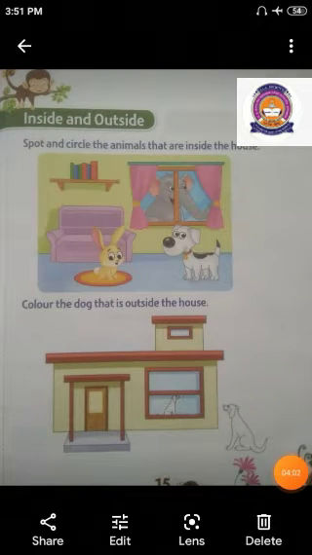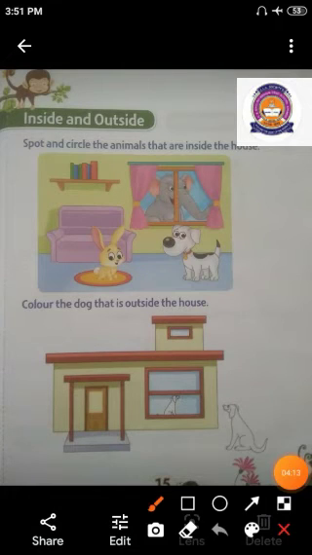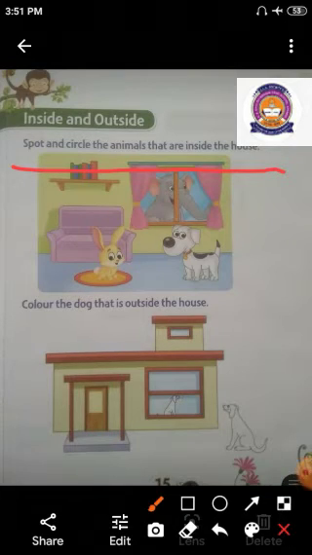Open your numeracy workbook, page number 15. This is also an activity of the inside and outside concept. Spot and circle the animals that are inside the house.